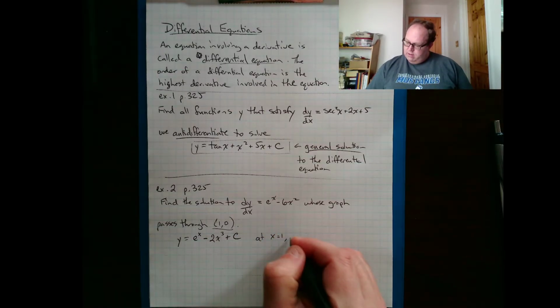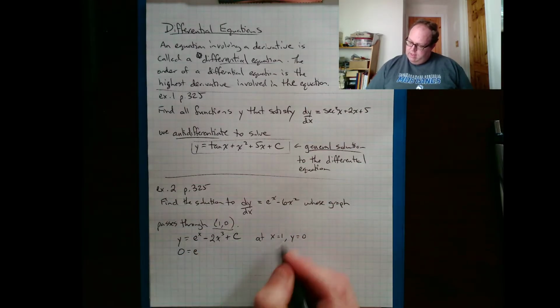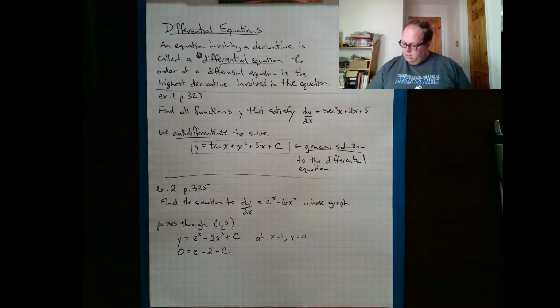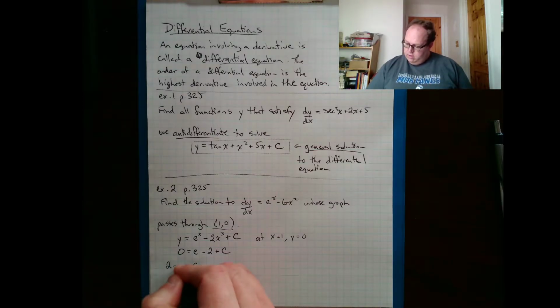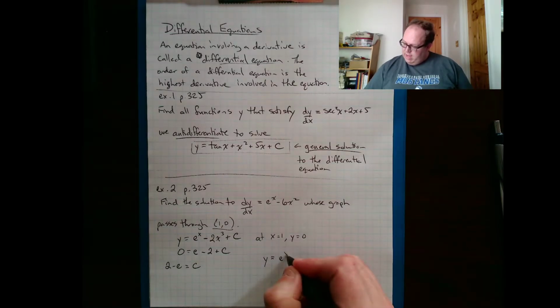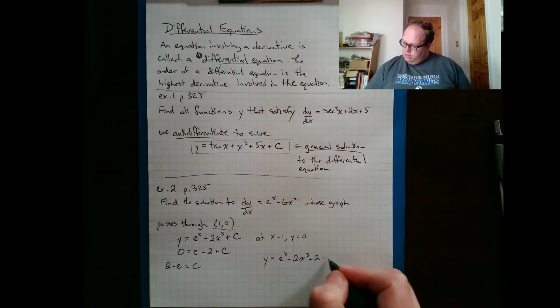At x equals 1, y equals 0. So 0 equals e to the 1, or just e, minus 2 plus c. Rearranging, c equals 2 minus e, and my definite solution is e to the x minus 2x cubed plus 2 minus e.